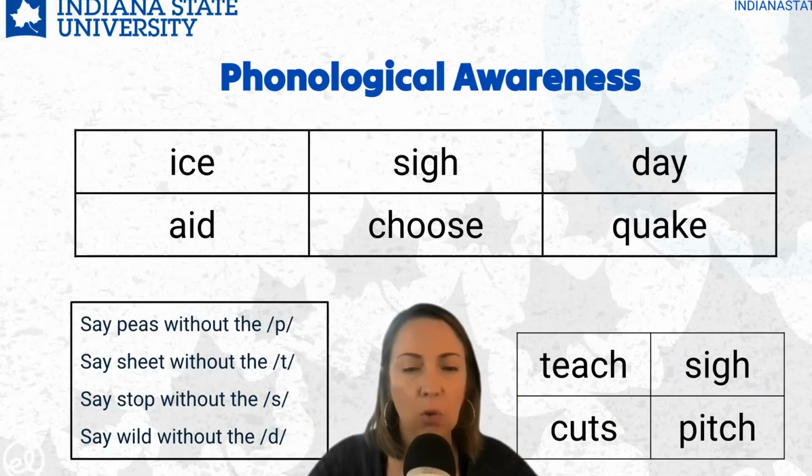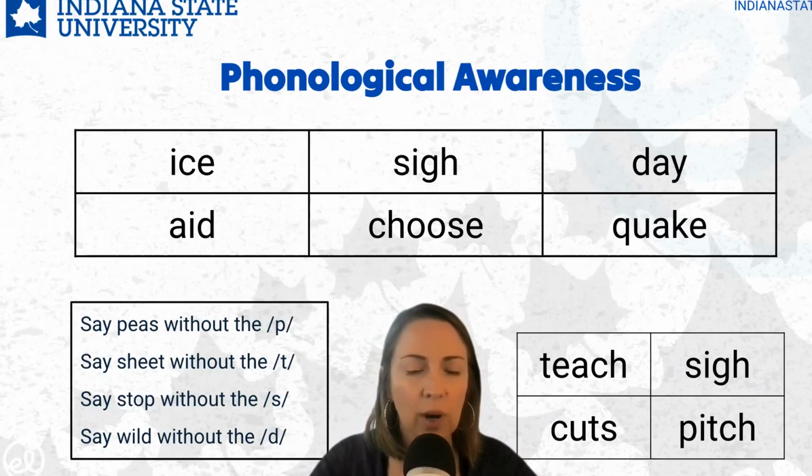Top. Say wild without the d sound. While. Okay, so that's called a deletion activity. We're just taking, or deleting, one of the sounds of the word. The more we manipulate and practice sounds and manipulating words, the stronger our language skills become.